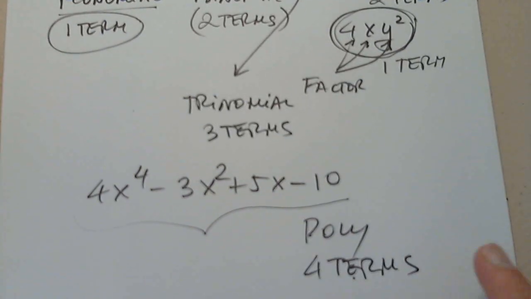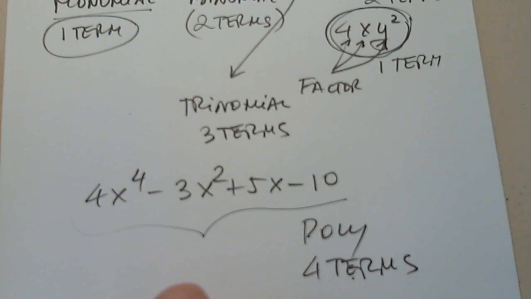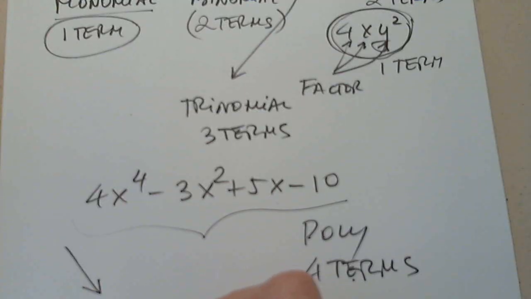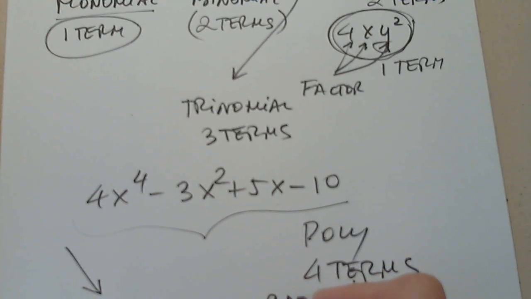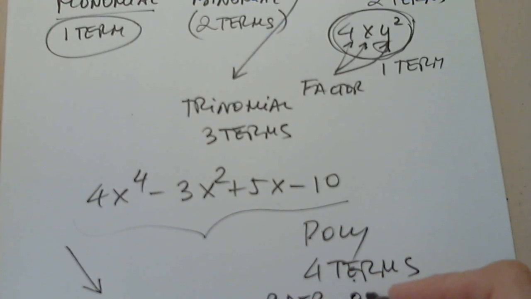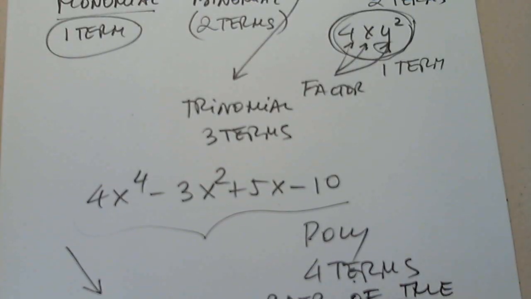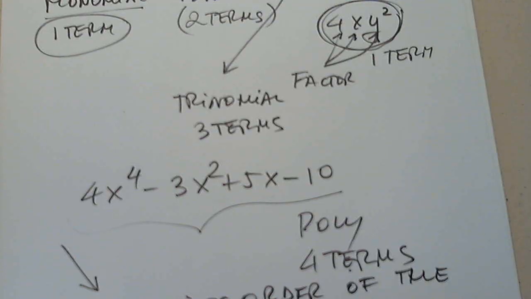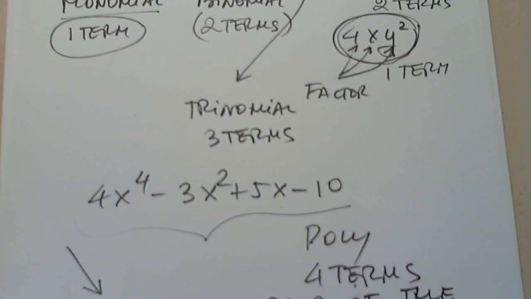Can anyone tell us whether this polynomial is arranged in descending order of the powers of the variable x? Descending means going down.